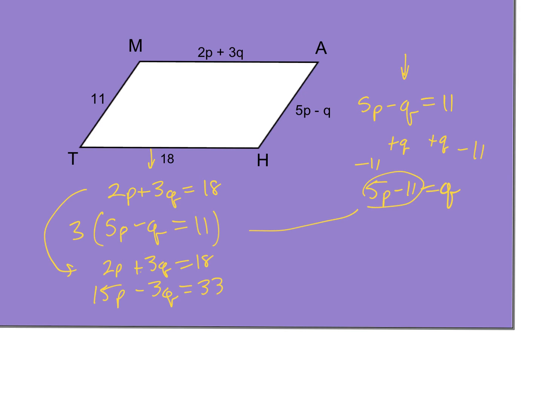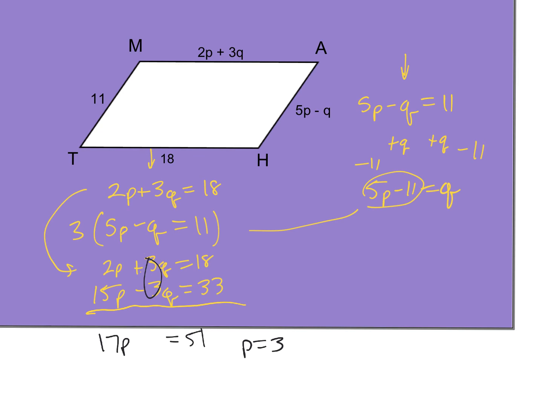The bottom one I manipulated, I multiplied, all for the sake of getting 3's next to Q. I got a positive 3 and a negative 3 next to my Q. So down here I get 17P. This goes away. 33 and 18, I get 51. So I get P to equal 3.